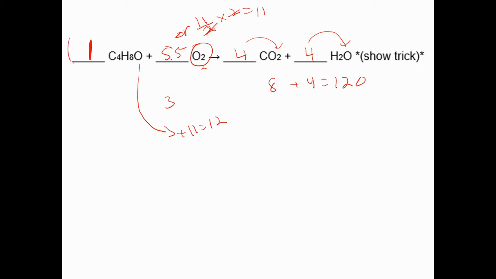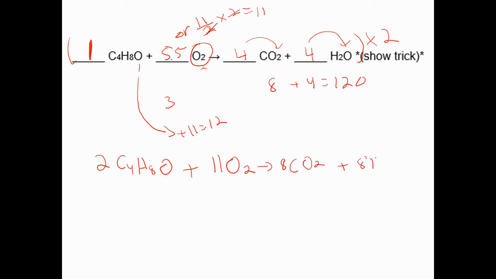So if you now multiply this entire equation by 2, you have 2C4H8O plus 5.5 times 2 is 11 O2s, 8CO2 plus 8H2O. So I've multiplied the entire equation, all the coefficients, not the subscripts, the coefficients. When you multiply an equation, you're multiplying the coefficients only, not the subscripts.